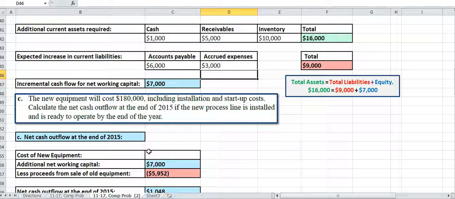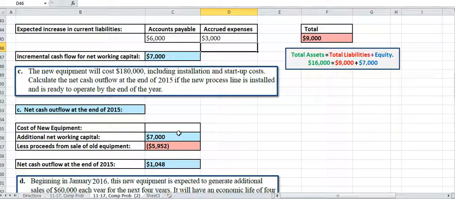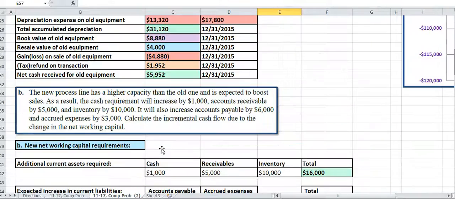Okay. Now, let's see part C. So, the new equipment. This new process line is going to cost $180,000, and that includes installation and startup cost. So we're going to put that right here, $180,000. And we also have to add in our additional net working capital that we had to borrow, and then we get to subtract out the proceeds we got up here from selling our old equipment.